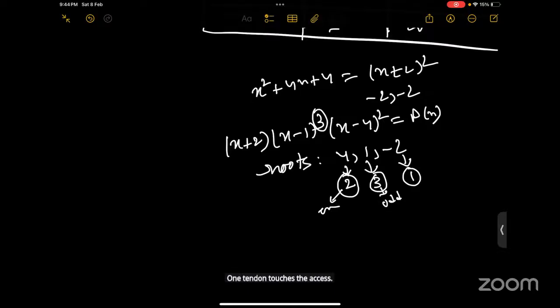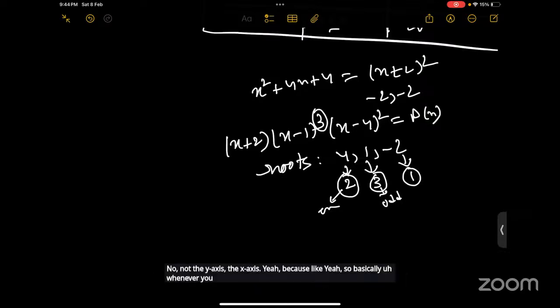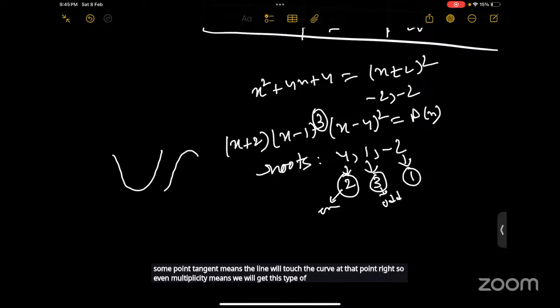So basically, whenever you get a root with even multiplicity, the tangent at that point, meaning the line that touches the curve at that point, right? Even multiplicity means we will get this type of picture or this type of picture.